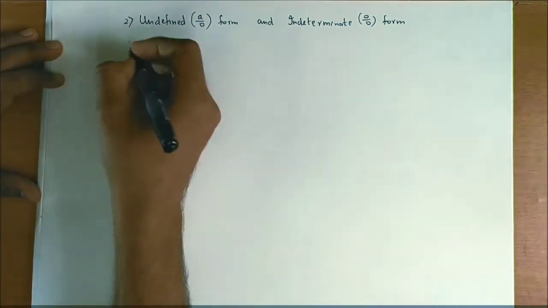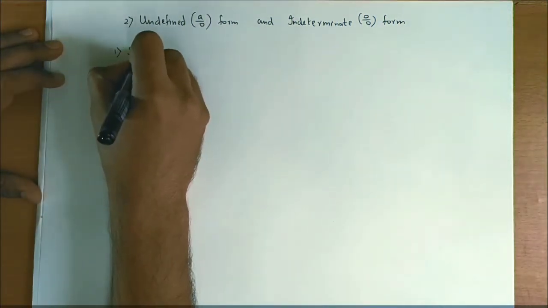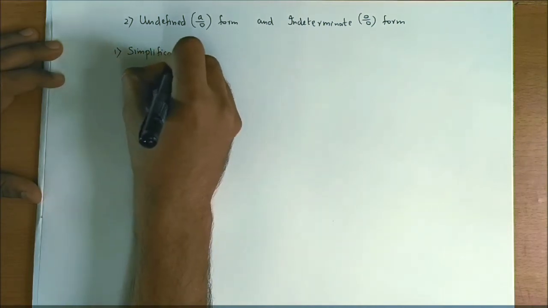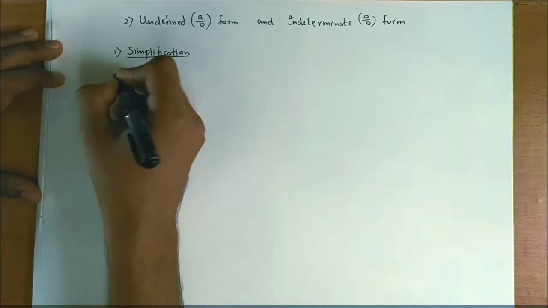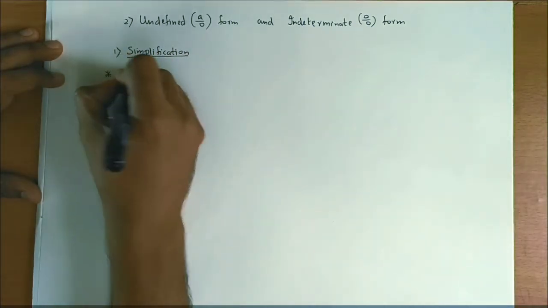Okay, now there could be 3 approaches. The first one is the simplification technique. So you should apply simplification techniques, okay, when you see the 0 in the denominator. And what are those? You could simply factorize.